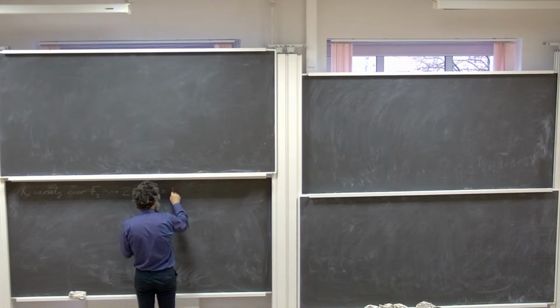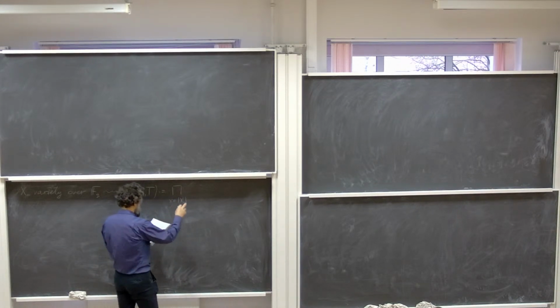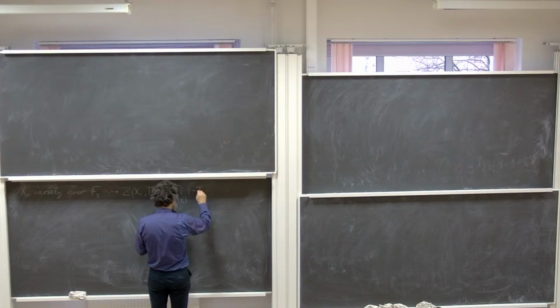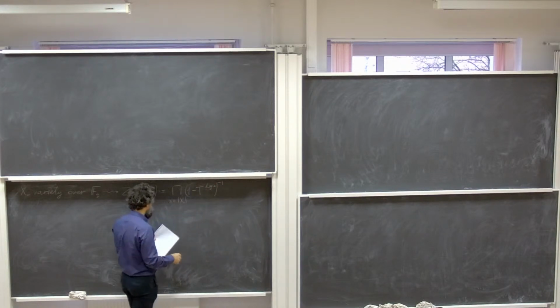So this is defined as the product over all closed points of some binomials. Like this, Euler product.